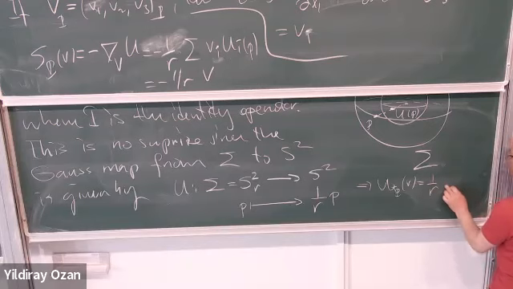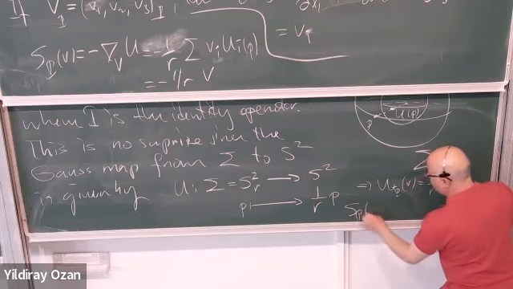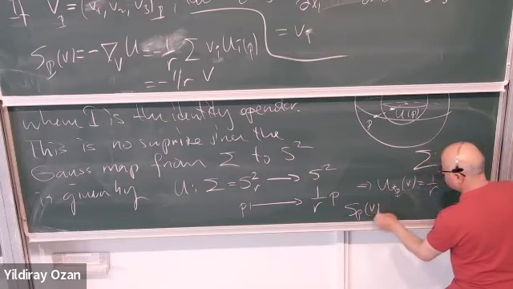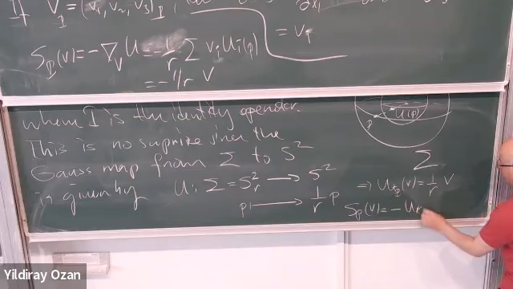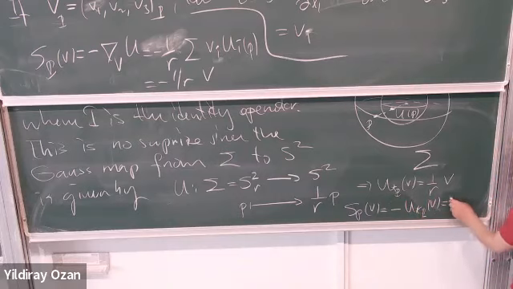So this is 1 over r times identity evaluated on this vector, which is just V. And shape operator was, by definition, minus the derivative, right, U star of U. So it is minus 1 over r times V.